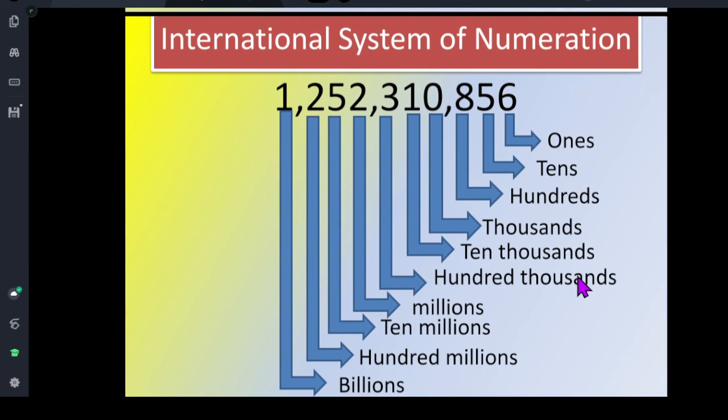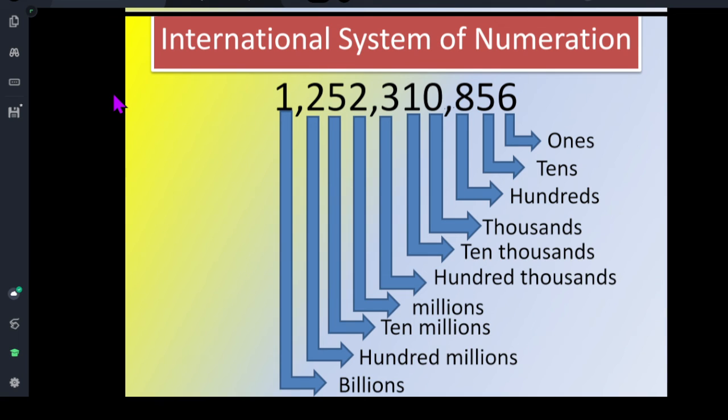Now we will see the international system of numeration. What is the international system of numeration? How do they count outside of India, at the international level? Here you can see there is a comma after 3 digits. In the Indian system, we give a comma first after 3 digits, then after every two digits.